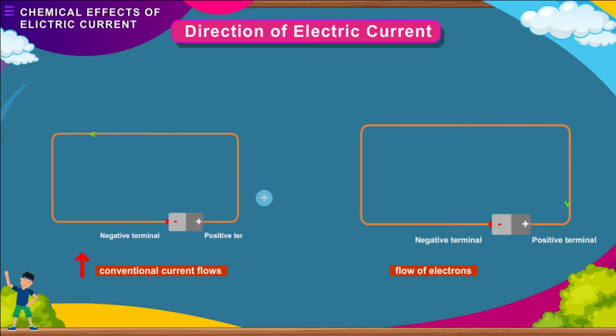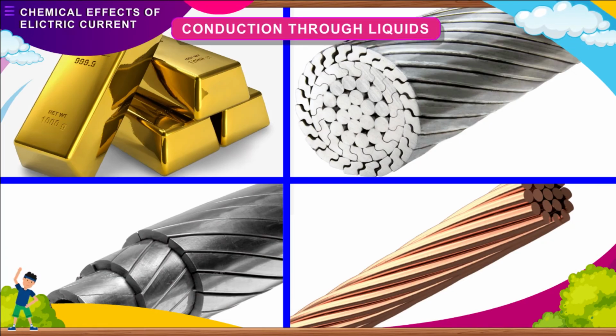Thus, it is clear that conventional current flows from the positive terminal to the negative and indicates the direction that positive charges would flow. The electronic current flows from the negative to the positive terminal. Electrons are negatively charged and are therefore attracted to the positive terminal.